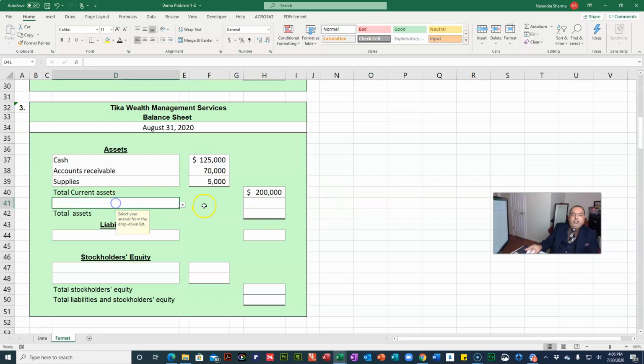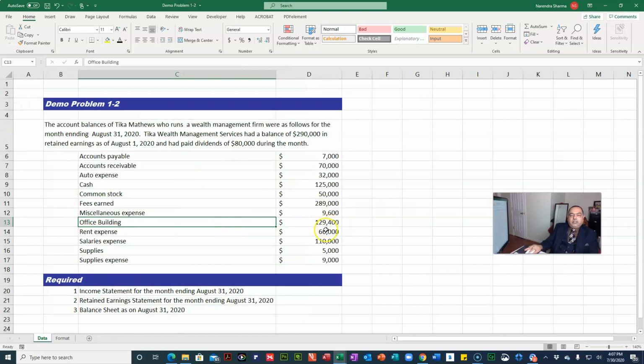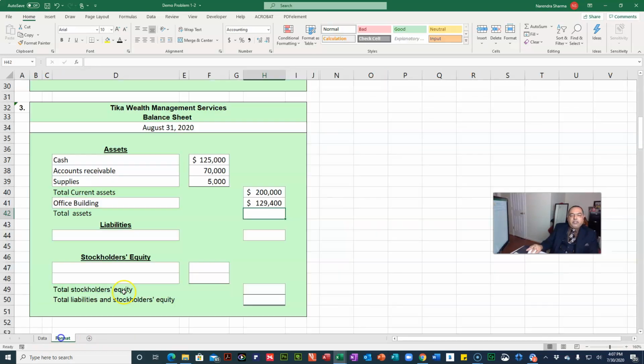Now in here, I'll be doing office building. So that was 129,400. Let's check. 129,400. Yes. So the total is going to be 200 plus 129 will be 329,400 will be the total assets.